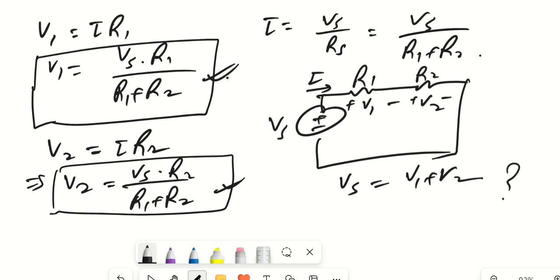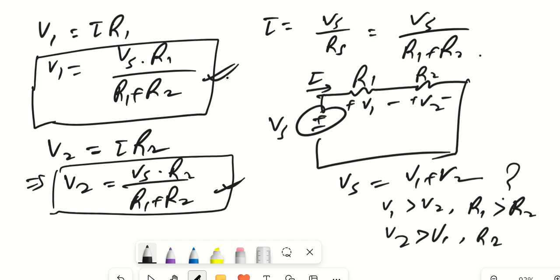So which one is bigger, V1 or V2? My V1 is greater than V2 when R1 is greater than R2. My V2 is greater than V1 when R2 is greater than R1. Understood? So this was all about the voltage division method. All right.